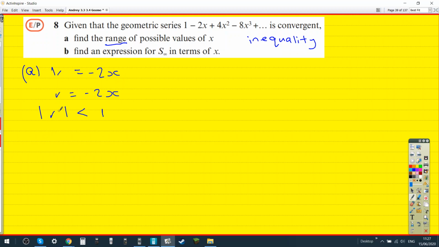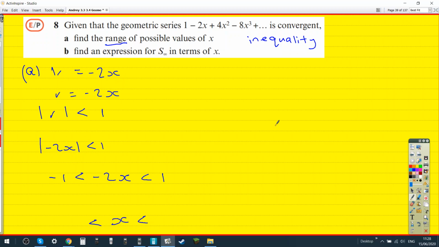What is r? Minus 2x. And so the magnitude of minus 2x is less than 1. They want an inequality with just x. So another way of writing this is that it is between 1 and minus 1. What is x?